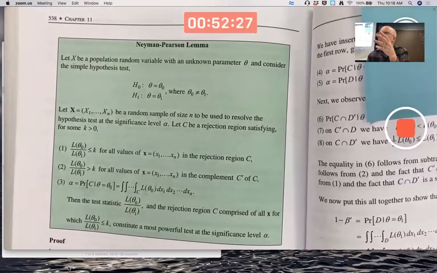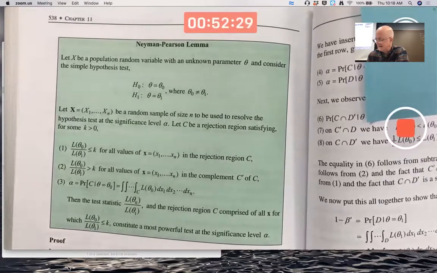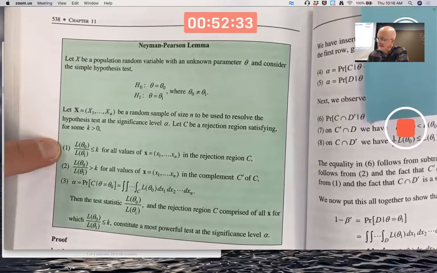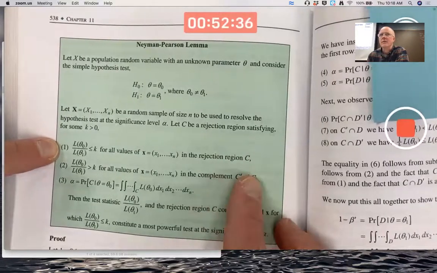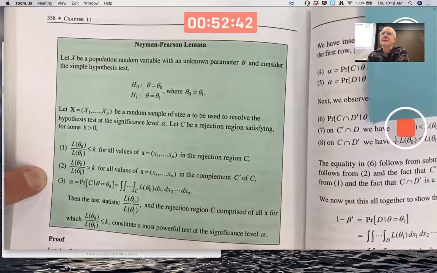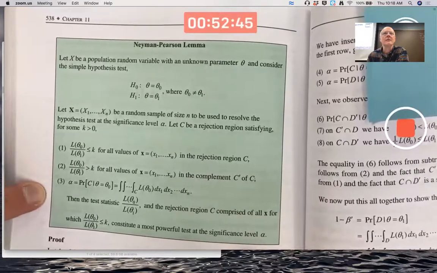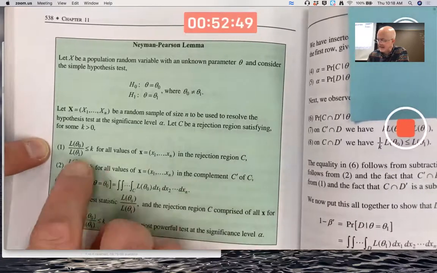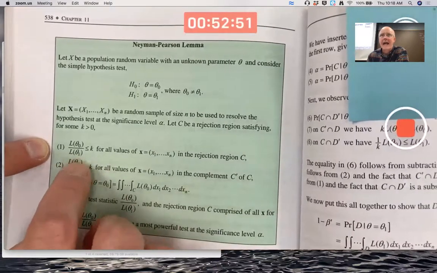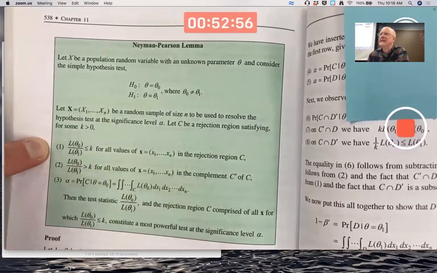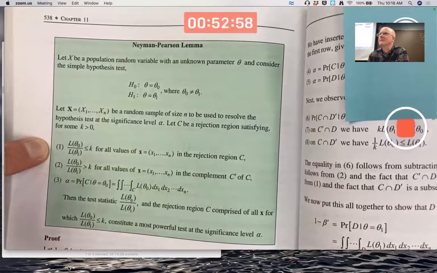The point is essentially that this inequality in number 1 defines the rejection region, the critical region. That's the point for a most powerful test, to maximize the power. The rejection region is a set of points satisfying an inequality like that. And you just have to see how that works out in particular examples.